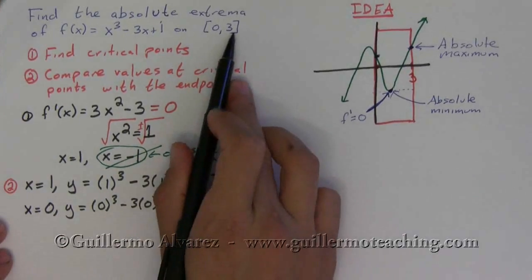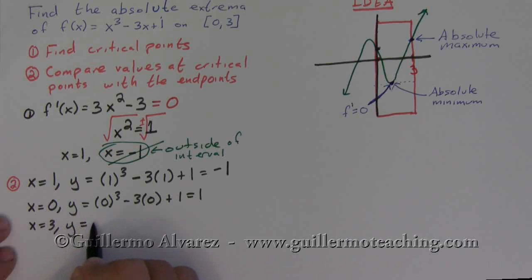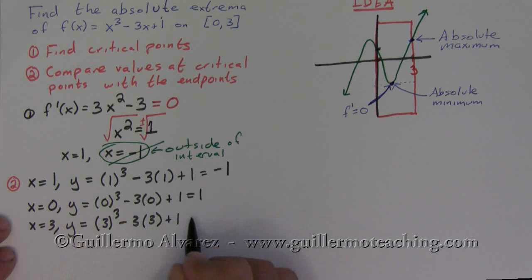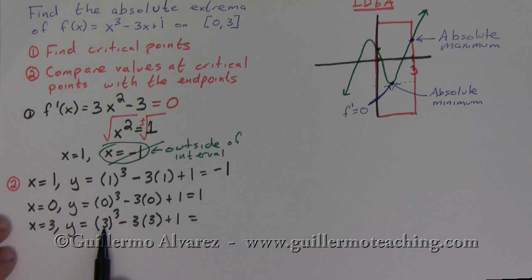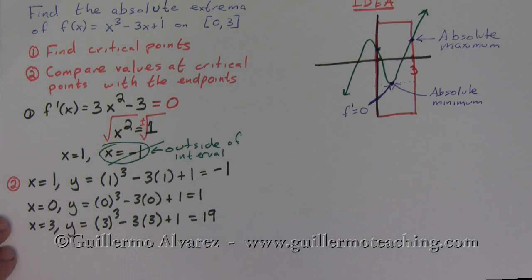And the last one, we're going to plug in 3. So when x is equal to 3, y is equal to 3 cubed minus 3 times 3 plus 1. So this is equal to 3 cubed, which is 27, minus 9, which is 18, plus 1 is 19.